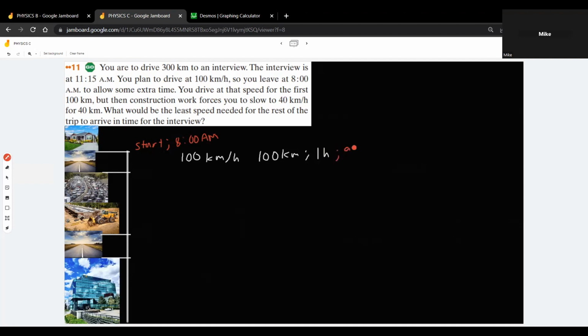So 8 a.m. Tapos kailangan nandun ka ng anong oras? 11:15. So that's 10, 11. So 3 hours, 15 minutes yung max travel time.